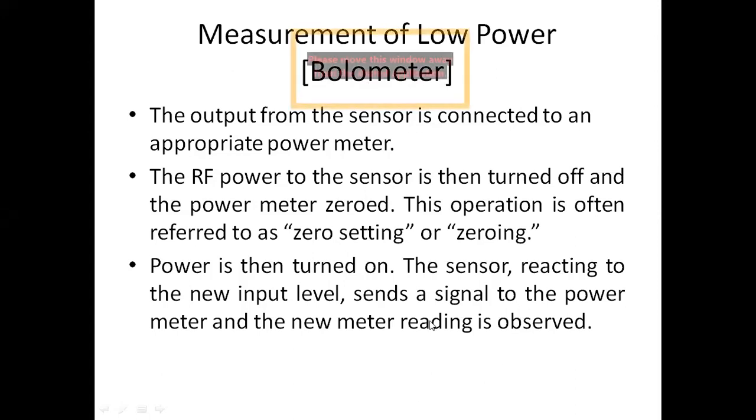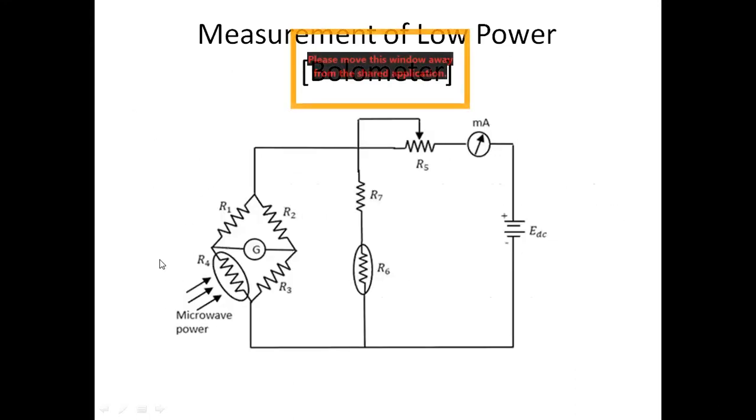Then we can see the basic circuit diagram of a bolometer. Based on bolometer only, we are measuring the low power. We know that bolometer is a device that is used for low microwave power measurements. The element used in bolometer can be either positive temperature coefficient or negative temperature coefficient.